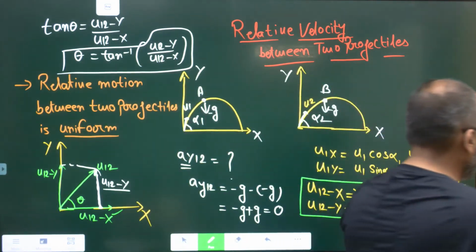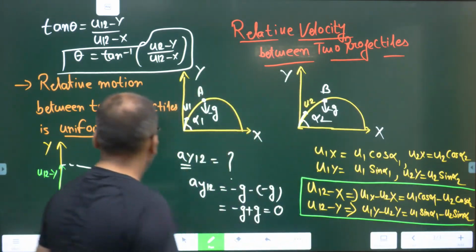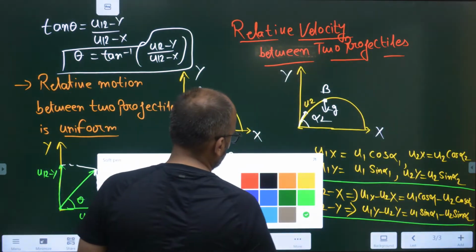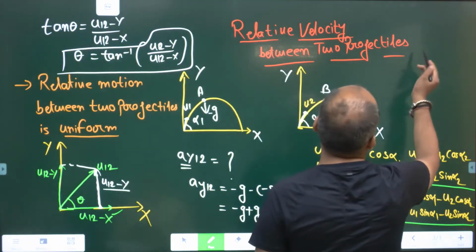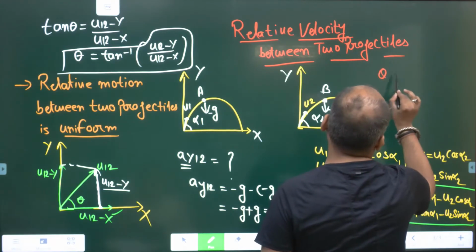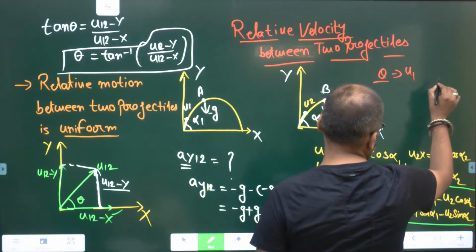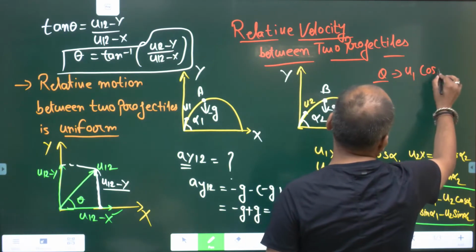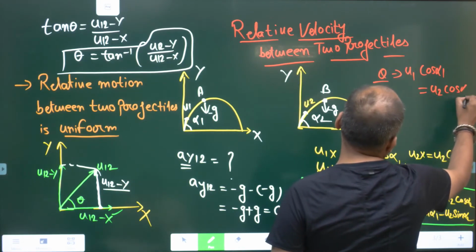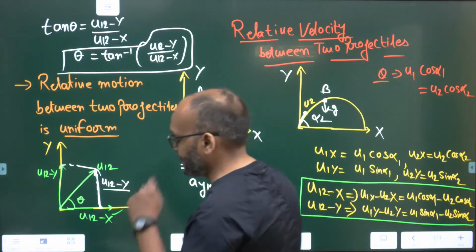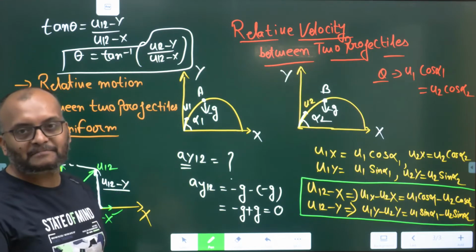Now, can I ask you a few questions, everyone? Pay attention. Question number 1. If I say that u1 cos alpha 1 is equal to u2 cos alpha 2, can you tell me the direction of the motion of the projectiles?